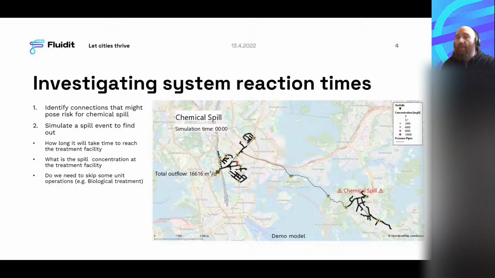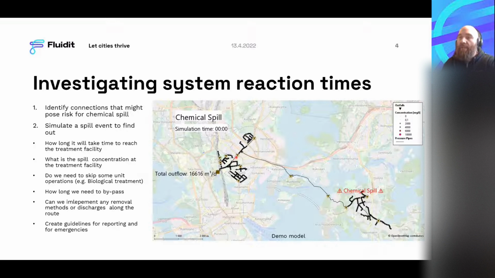Do we need to skip some unit operation? For example, biological treatment might be skipped because that's the most sensitive part of the treatment facility. And how long do we need to bypass that if we do it, and how can we implement any type of removal during the conveyance at some point?